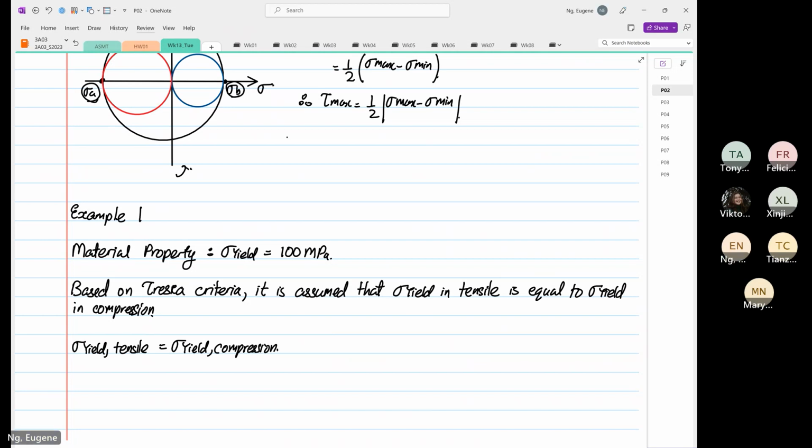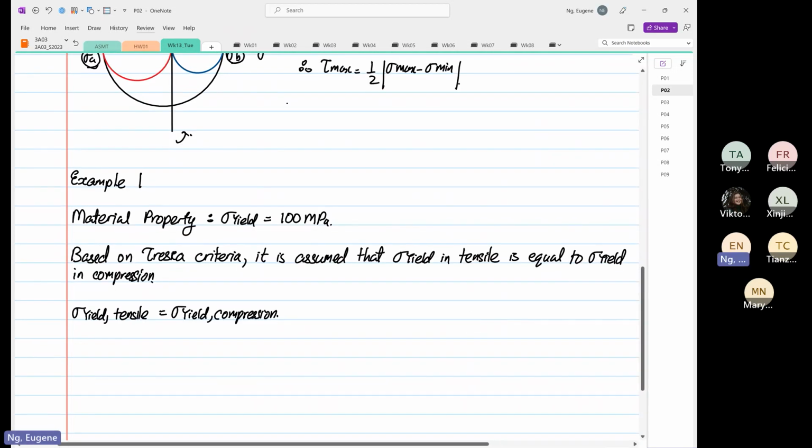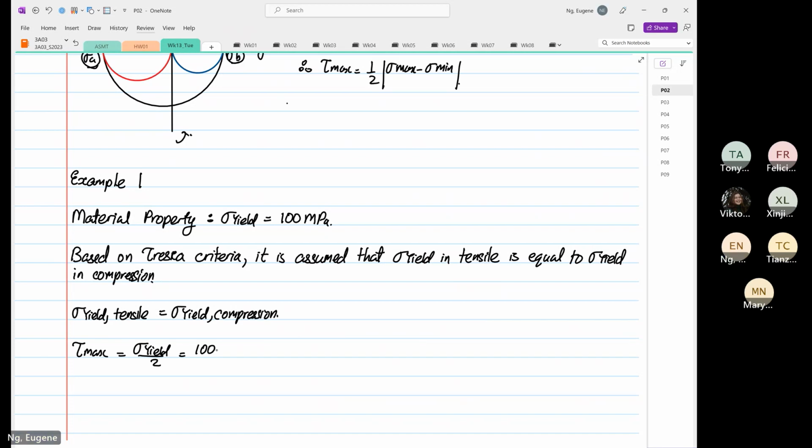So from here, we know that our tau max, which is our material property, is equal to stress yield divided by 2, so it's 100 times 10 to the power 6 divided by 2. This is equal to 50 times 10 to the power 6 Pascal.